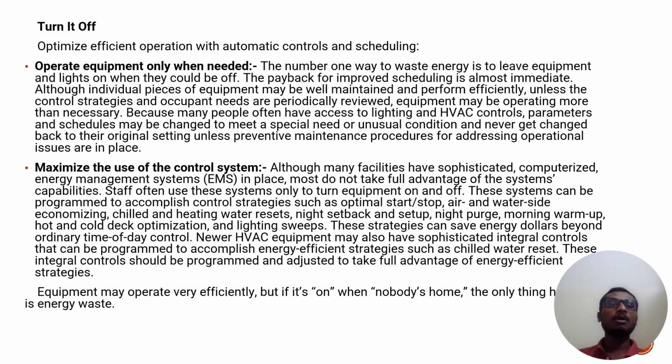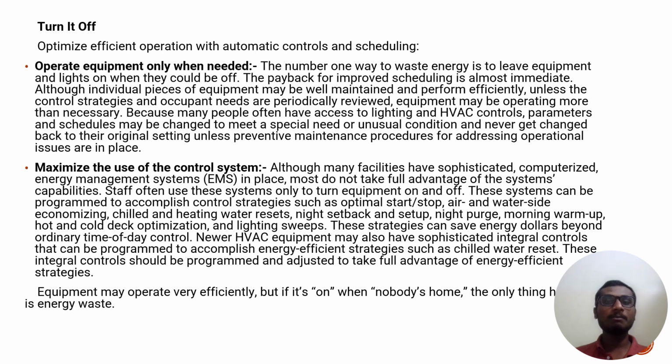Turn it off. Optimize efficient operation with automatic controls and rescheduling. Operate equipment only when needed. The number one way to waste energy is to leave equipment and lights on when they could be off. The payback for improved scheduling is often large.